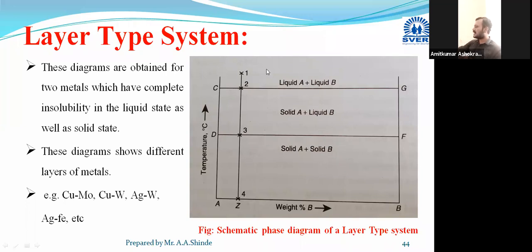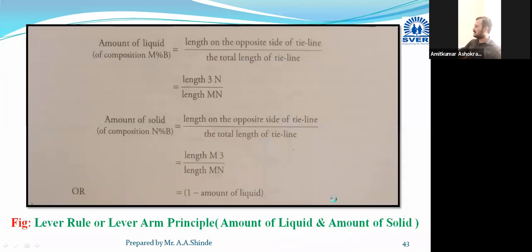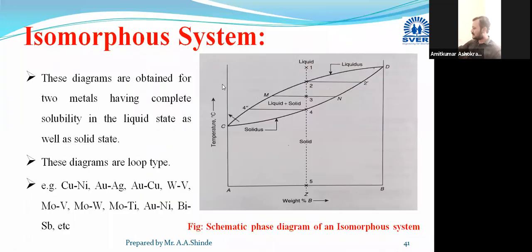Now you have to consider one composition here, as the nature of the equilibrium diagram is uniform throughout. You can consider any composition, and the microstructural changes will be the same. In an isomorphous system also, the loop type system, the nature is uniform.